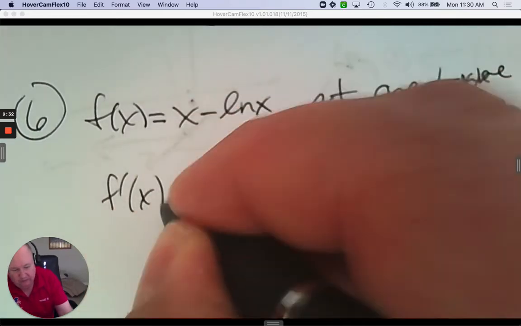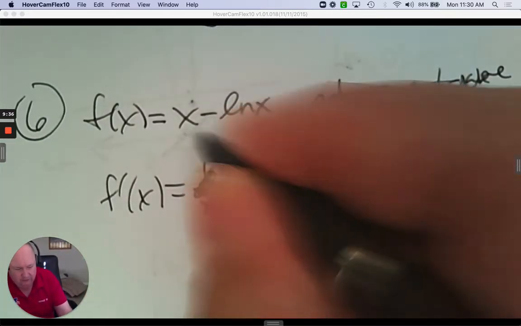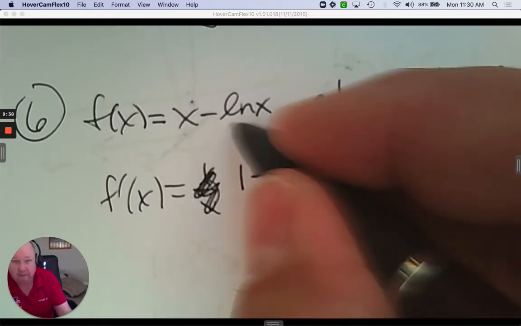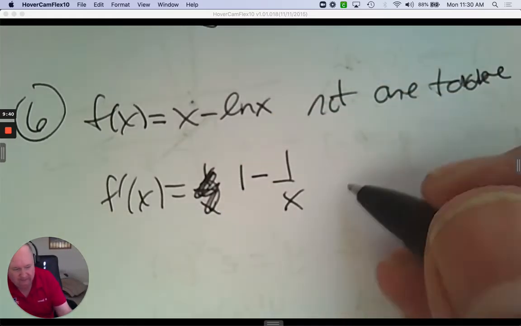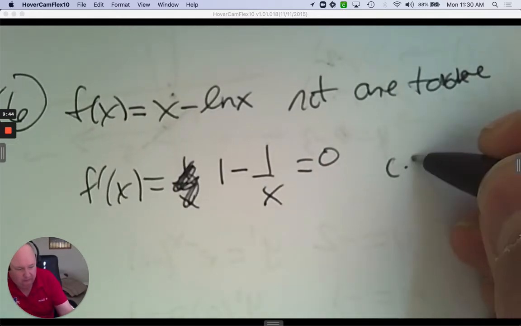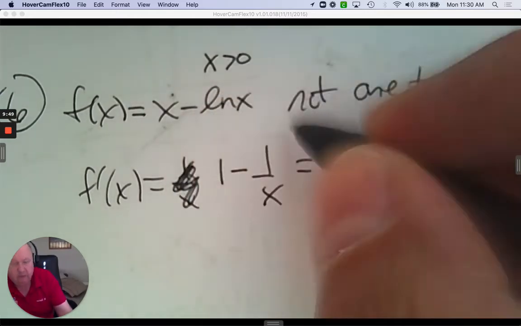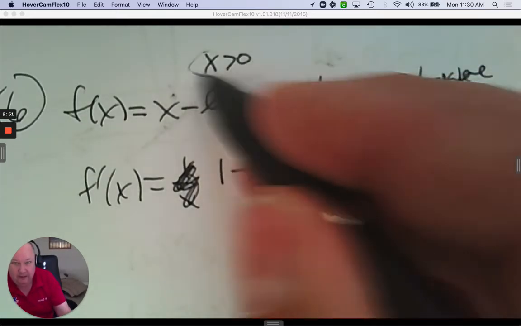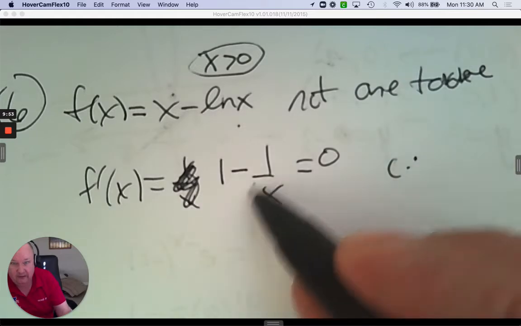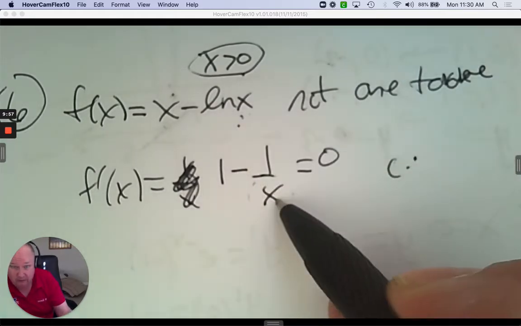So the derivative of this is 1 minus 1 over x. The derivative of x is 1, and the derivative of ln x is 1 over x. Make it equal to 0. So the first thing I know is that we have a critical number. Actually, we have a domain restriction here. So x must be greater than 0. So the domain restriction here already tells me that x can't be 0, so it's not a critical number because 0 is not in the domain.